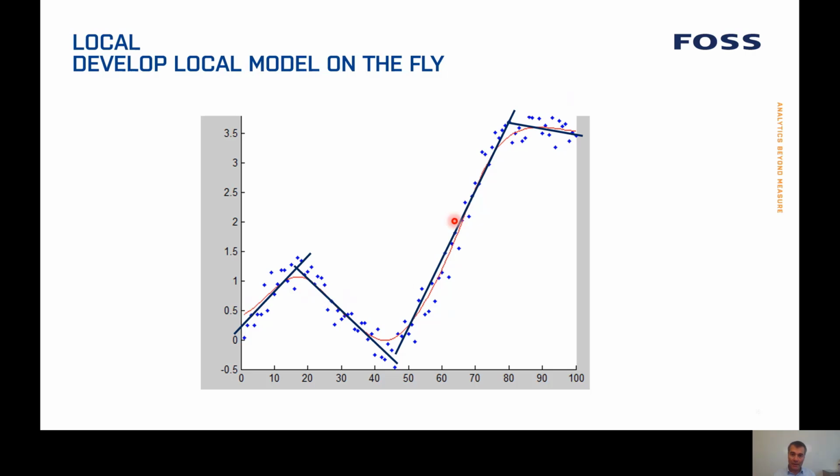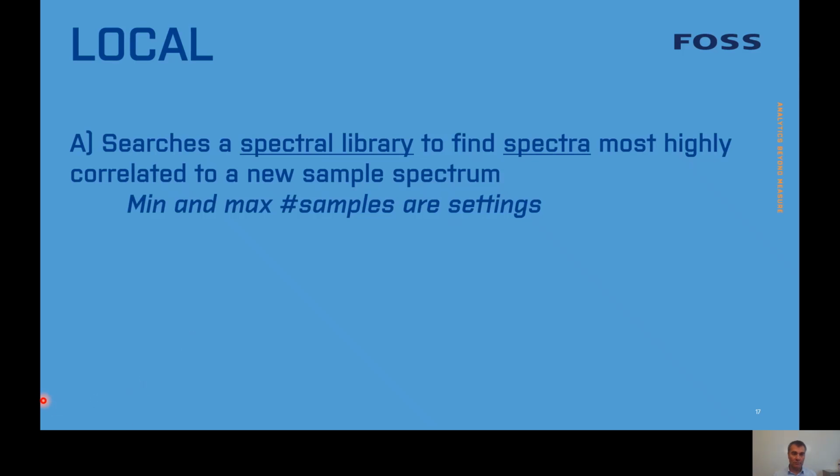A new sample coming in up here would use samples in this surrounding to make a linear model here, and then use the prediction from that model. So the principle in local is that we have a spectral library. We have a lot of calibration samples where we have spectra and reference values. Let's say we have 2,000 samples in the spectral library.